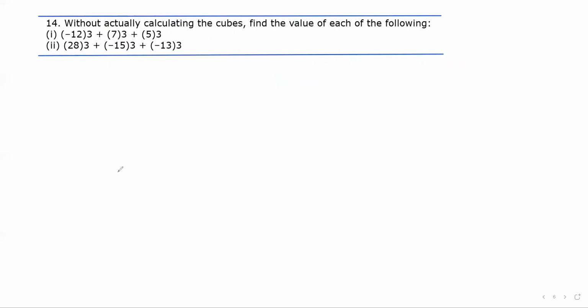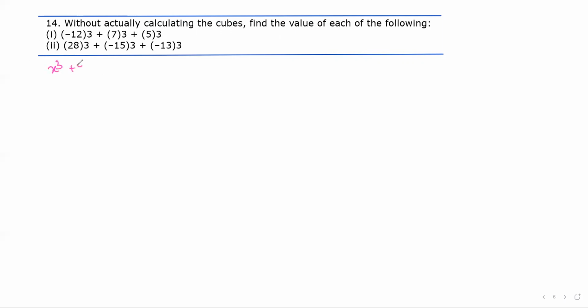Next, without actually calculating the cubes, find the values of each of the following. Now, you are not supposed to calculate the cubes, but it is written in the format of a cube plus b cube plus c cube. Now, what is a cube plus b cube plus c cube? We know that a cube plus b cube plus c cube is that whole big formula, the formula that we just did in the previous question. We'll write the formula again.